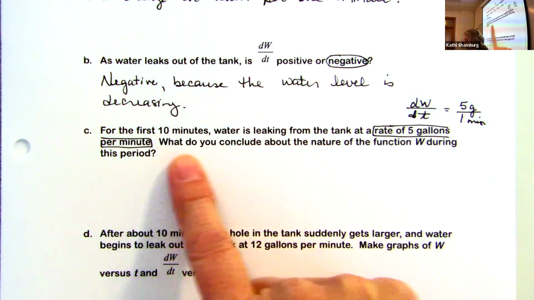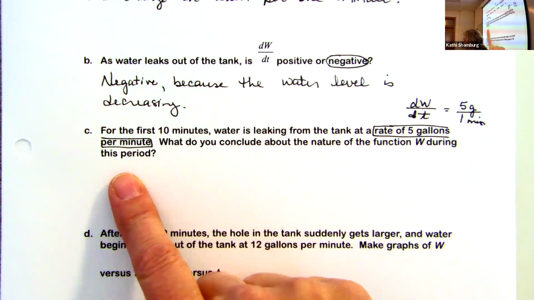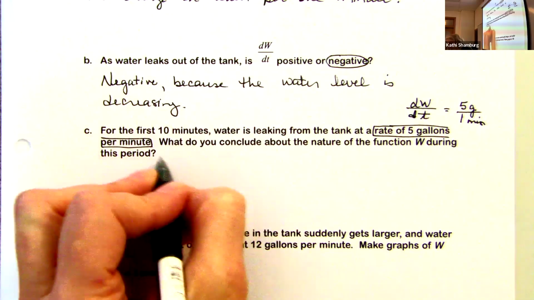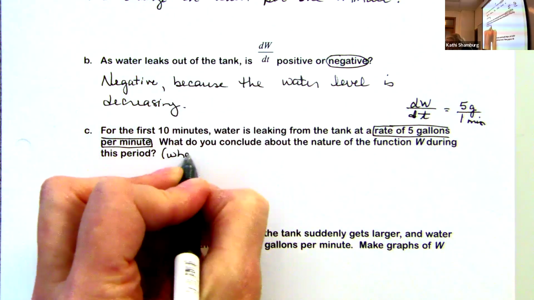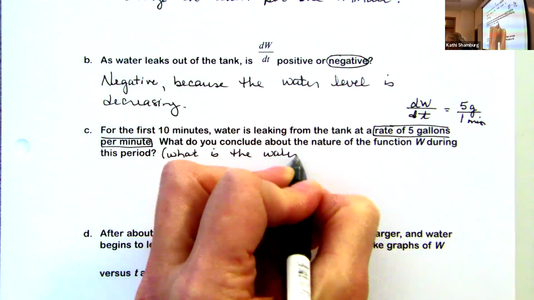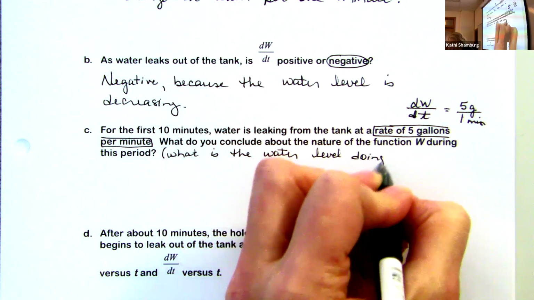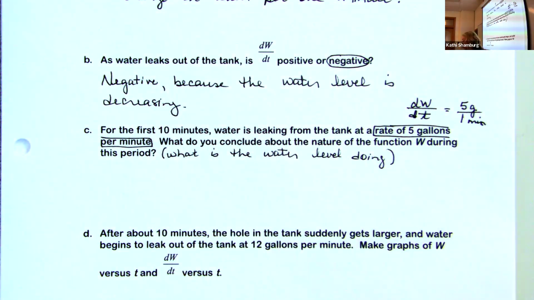So it says, what do you conclude about the nature of the function W during this period? It just is asking you what is the water level doing? And you go, well, didn't we just answer that in the prior one?